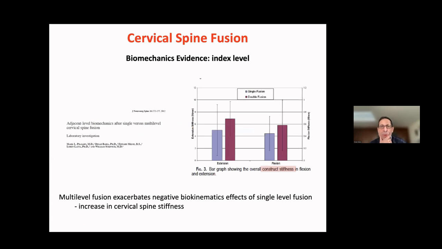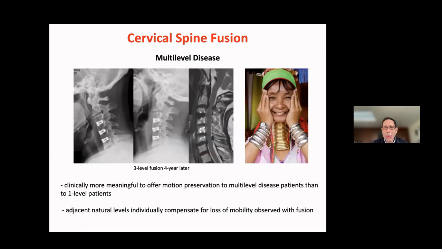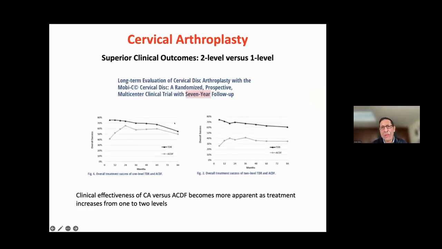But if you look at multi-level disease, if you have multi-level fusion, it just exacerbates the negative biomechanical effect of single level fusion. You have higher increase in cervical stiffness. So in a way, it will be more clinically meaningful to offer motion preservation technique in multi-level disease patients than one-level patients. And we have studies here.